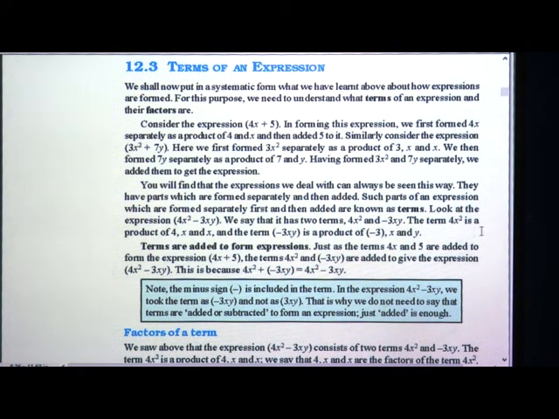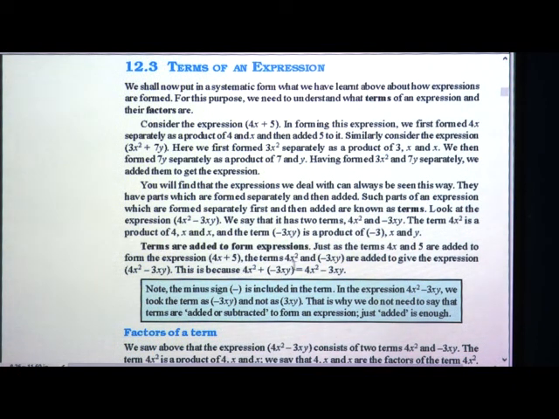The term 4x square is a product of 4, x and x, because x square is written as x multiplied by x, and the term minus 3xy is the product of minus 3 multiplied by x multiplied by y. So, the terms are added to form an expression, just as the terms 4x and 5 are added to form the expression 4x plus 5.